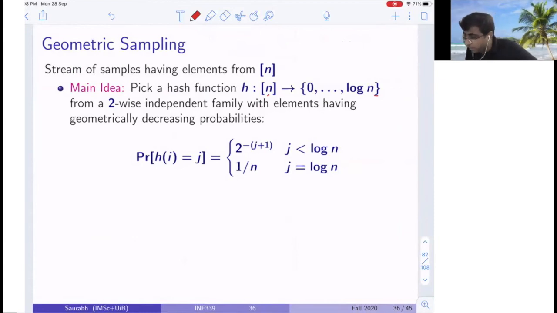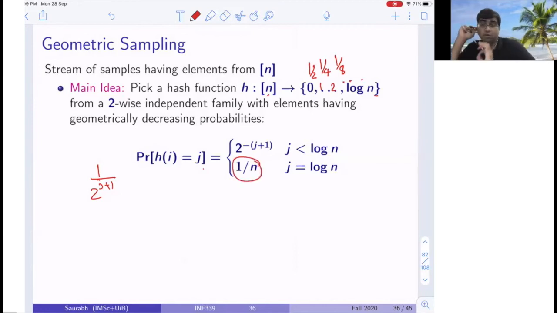So the probability that h(i) takes a value j is 1 over 2 to the power j plus 1. So for example, it takes 0 with probability half, it takes 1 with probability 1/4, it takes 2 with probability 1/8, right? So on and so forth. And for j equal to log n, it is basically 1/n. Okay?